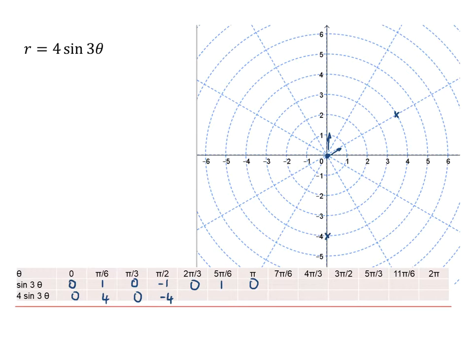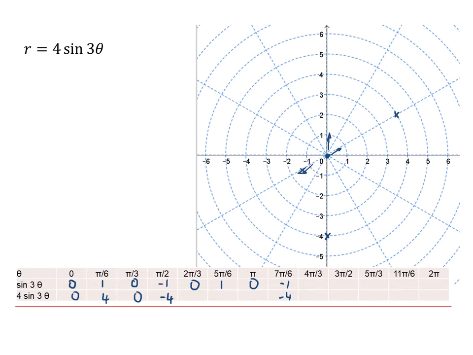And then back to the origin, and then finally when we get to a value of 7 pi by 6, we've got negative 4 for our distance, but where's 7 pi by 6? Well, that's down in this direction.